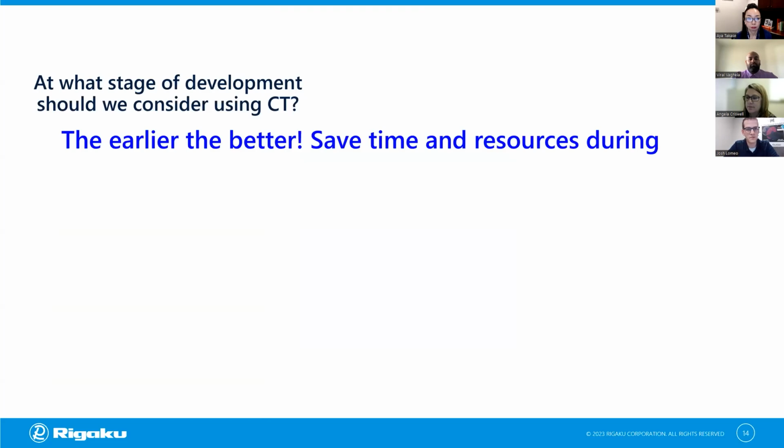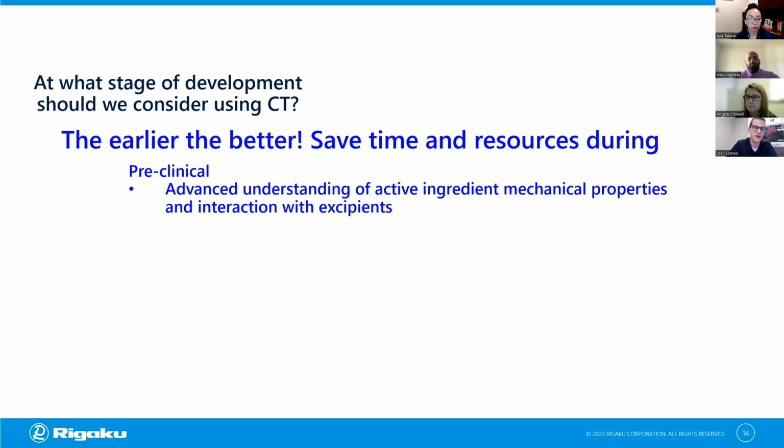Yeah, so we've seen that ultimately the earlier the better. There's really no too early a stage here, but we'll break it down into some of the core areas that we've seen and what the primary studies are for each. Looking at the preclinical stage, this is primarily focused on the active ingredient's mechanical properties, as well as the interaction with excipients.